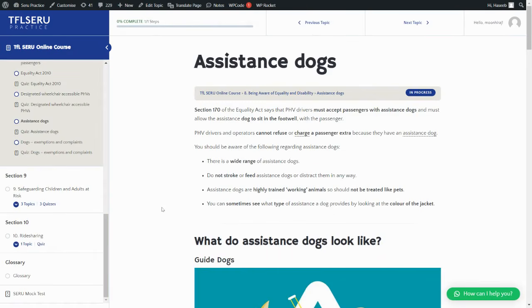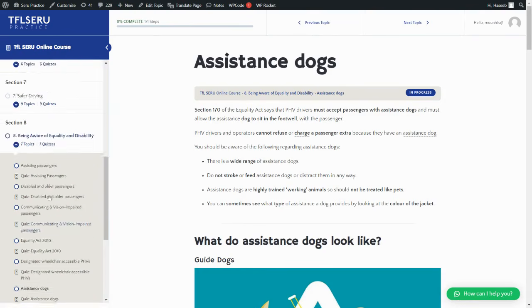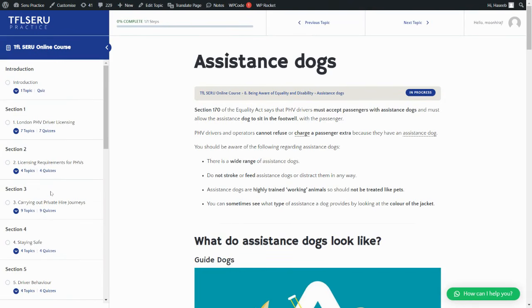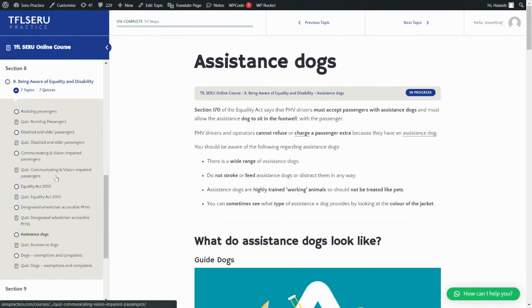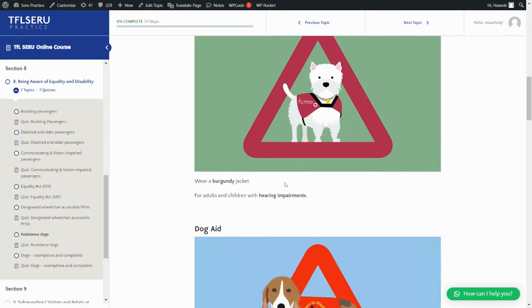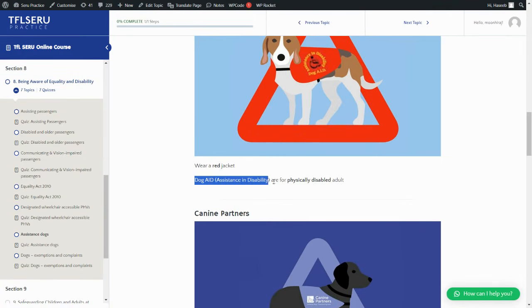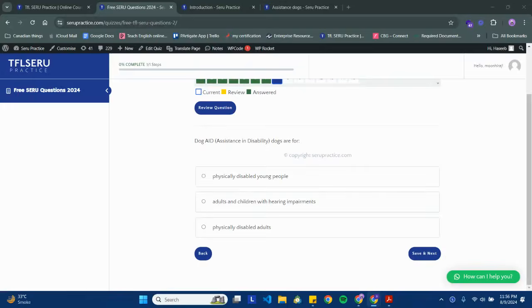While the handbook is 50 pages long, on our website we have all the data arranged in sections and headings where you can find things more easily, and for your convenience we have divided all the sections with different subheadings. So for this one, in section 8 you can find assistance dogs, and the right answer for our question lies here, that assistance and disability dogs are for physically disabled adults. So we will select this option.